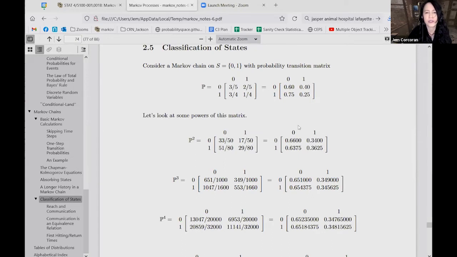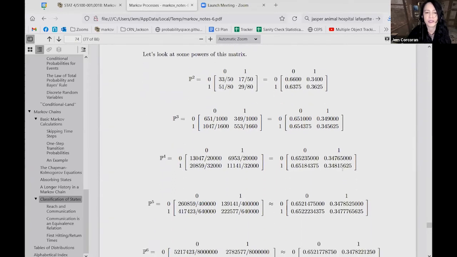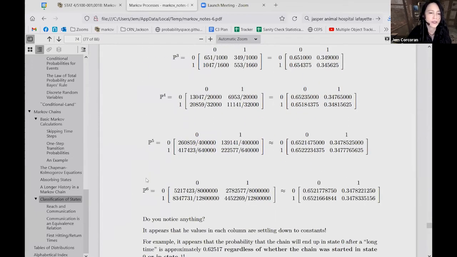And I squared it, so this is the matrix of 2-step transitions. And I cubed it, and this is the matrix of 3-step transitions. And I took it to the 4th power, and this is the matrix of 4-step transitions, and so on. Let's jump down to the 6th power. Right down here is the matrix of 6 time-step transitions. And what do you see? You see the columns settling down to constants.